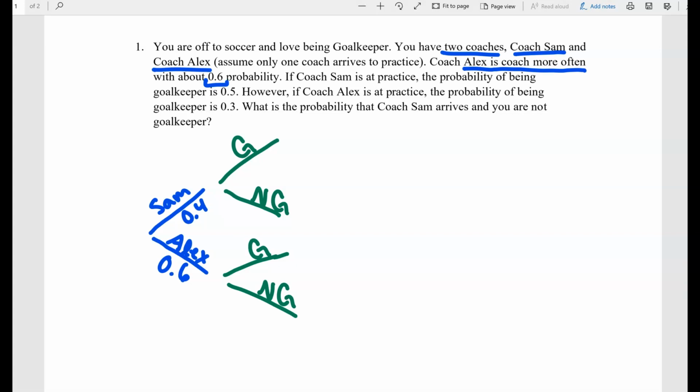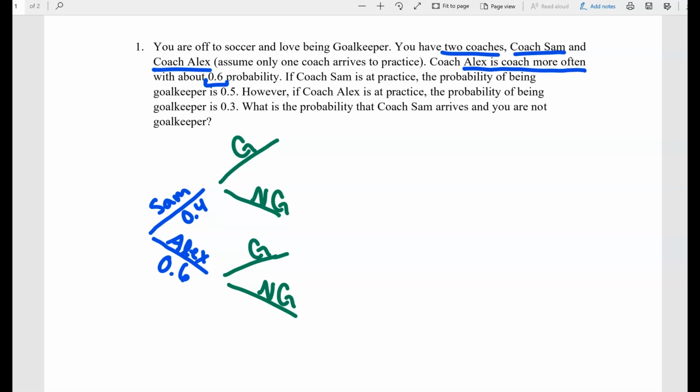The ones in green are basically the conditional statements, because it's under the assumption of whichever coach you choose. That's what the conditioning is on. If Coach Sam appears, what is the probability that you'll be goalkeeper or no goalkeeper? And if Coach Alex appears, what is the probability that you'll be goalkeeper or no goalkeeper?